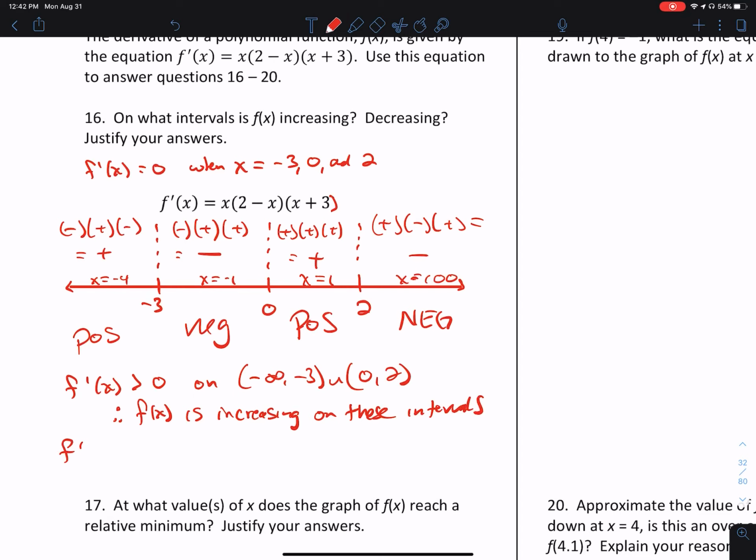Similarly, I could say that f prime of x is less than 0 on the interval from -3 to 0 and from 2 to infinity. And because f prime is less than 0, I could conclude that the original function f is decreasing on these intervals.